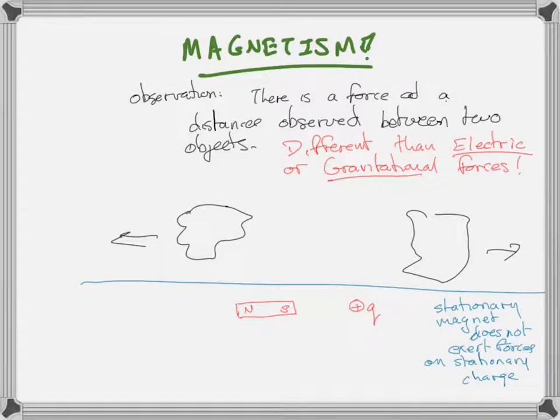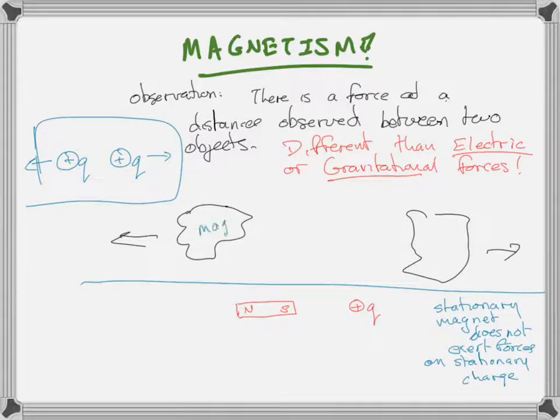If you have two plus charges, independent of anything else, they will exert forces on each other. And let's say you take two materials that we say are magnetic, or where we don't know what it is and we're trying to discover magnetism, and they will exert forces on each other. So this is my magnet, and this is my magnet or magnetic material, and they exert forces on each other.